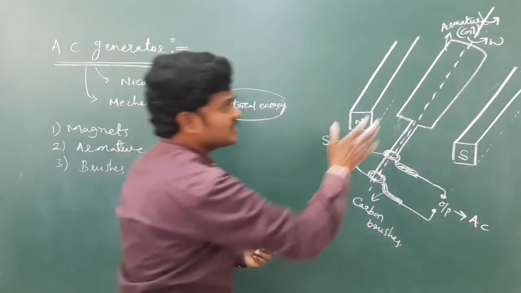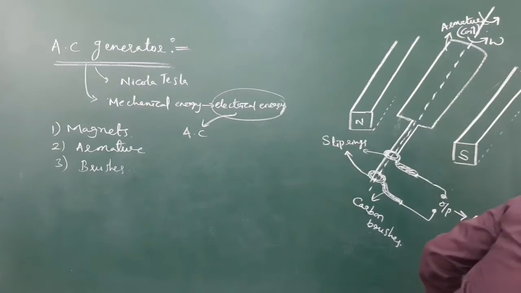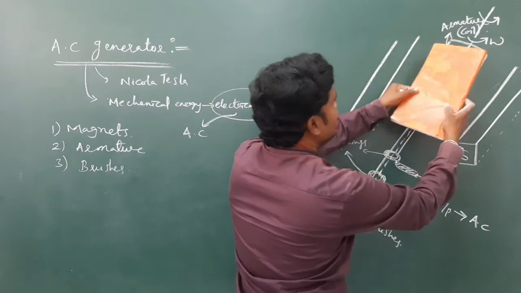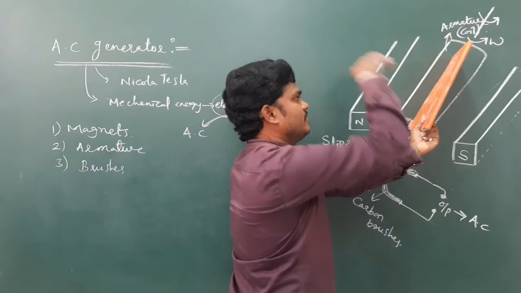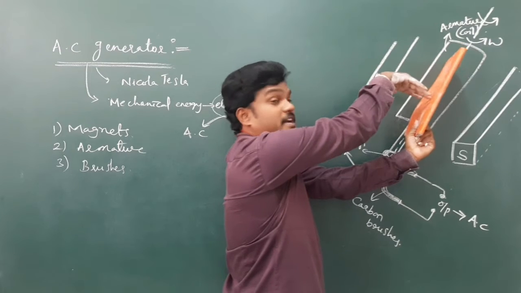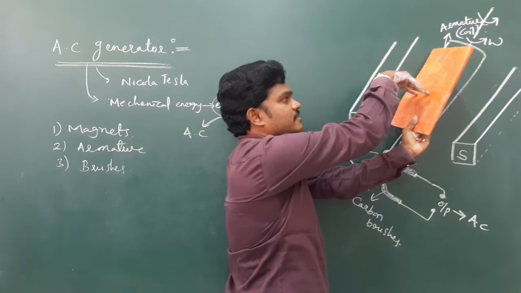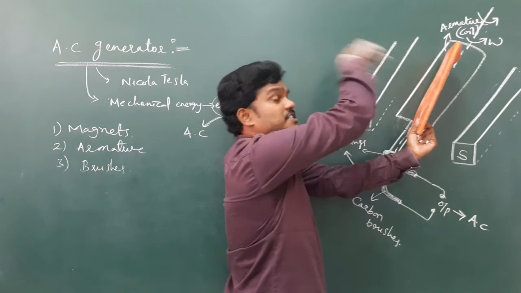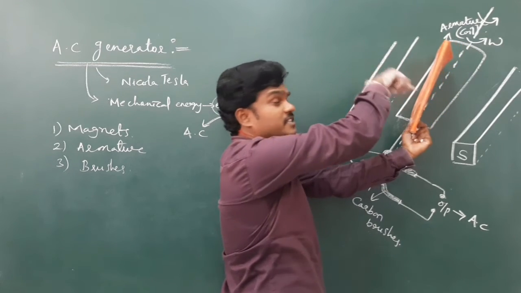Why? Because once this coil rotates, let us suppose initially the plane of the coil is perpendicular to the field lines. The field lines are in this manner, and the area is in this direction.